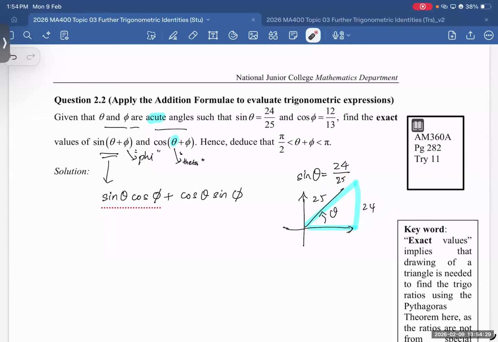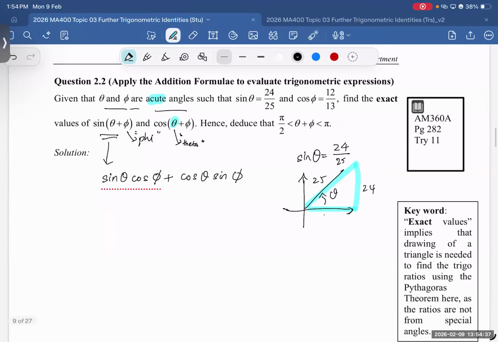So when the opposite is 24 and the hypotenuse is 25, what can you obtain? The adjacent will be 7. Clear so far? Not 6, but 7. Pythagoras theorem. From sin theta, I can get cos theta.